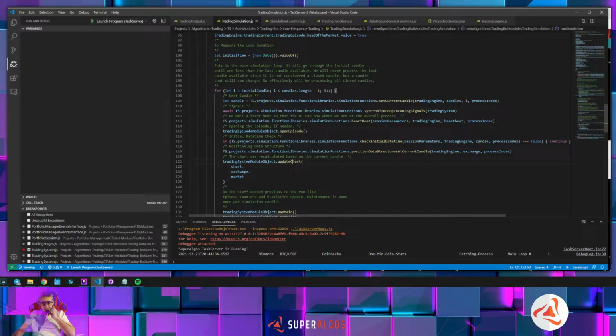Okay, the current candle is already set at the trading engine. So set current candle. So from there, this knows which is the current candle. Everybody knows it is at the trading engine.